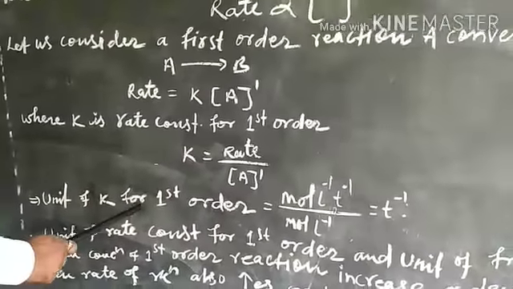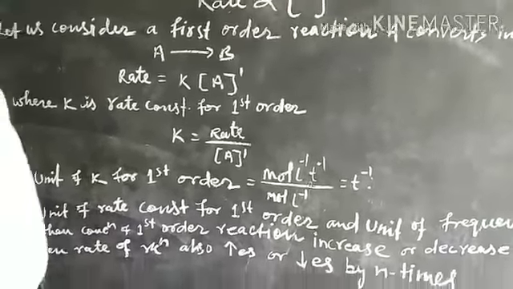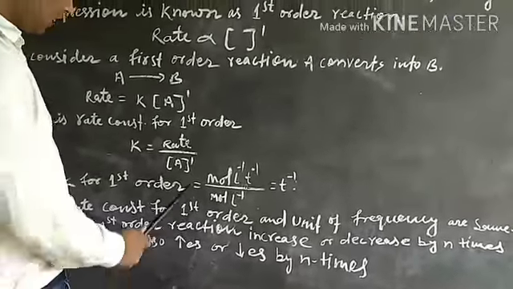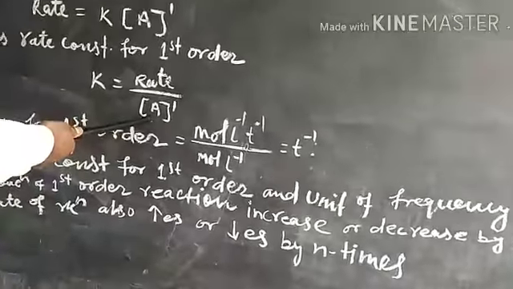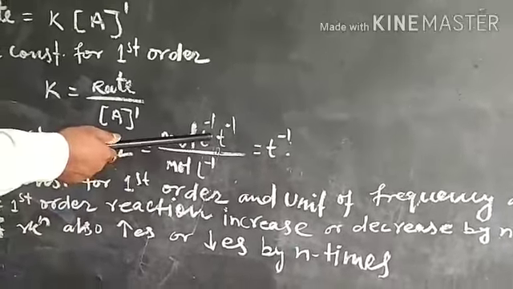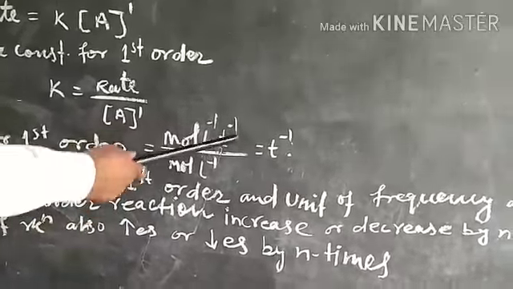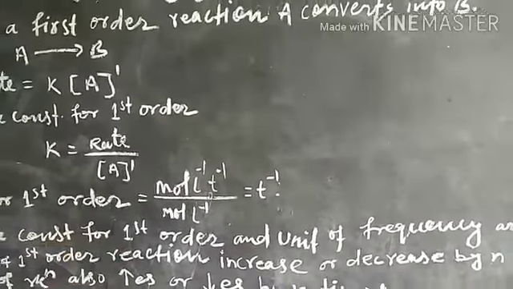Unit of k for first order reaction. The unit of k is rate by concentration. We know the unit of rate is mole per liter per second, and the unit of concentration is mole per liter.